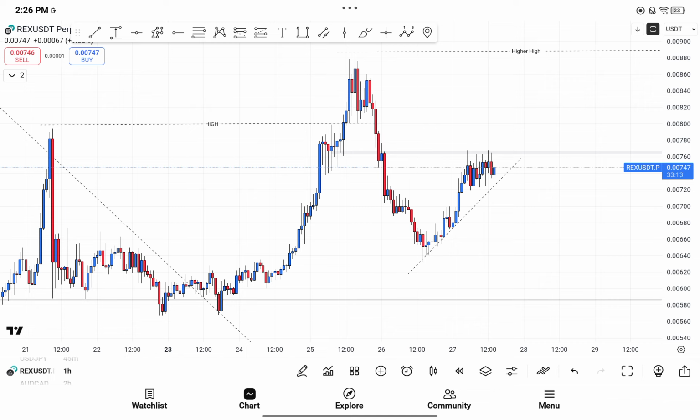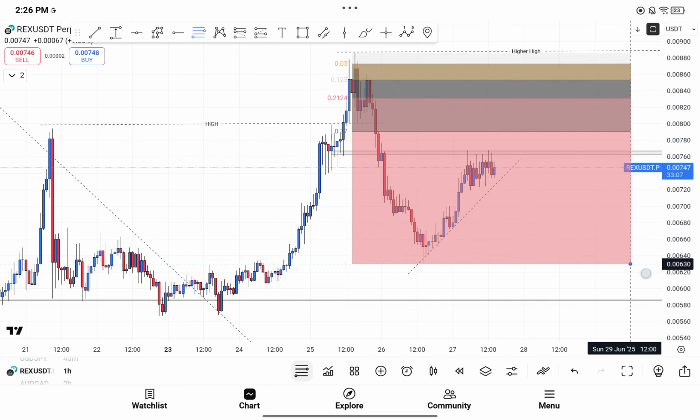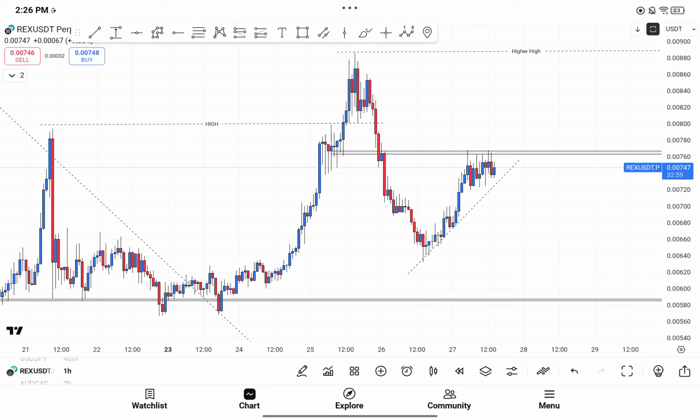If you use your Fibonacci tool to measure this, you can see that the market is right in the 0.50 to 0.618 zone, and it's giving us that entry signal right there. So based on that, I will be speculating that this market is going to make some lows towards this direction.